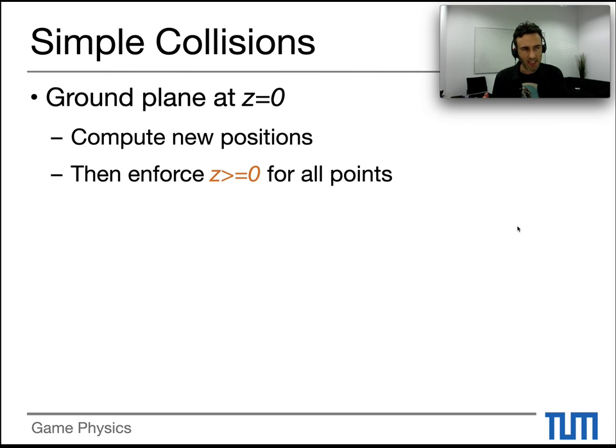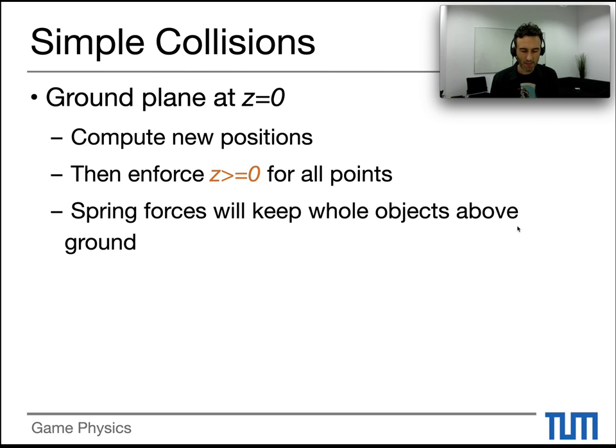On first sight, that might be a bad idea. You essentially simply squash everything into the ground at 0, right? If you have an object and it goes too far into the ground, it's simply compressed into the plane. For a mass spring system, it's actually not so bad because we have the springs. We have some internal structure for the object, and these springs will then push back and inflate the object and let it collide from the ground.